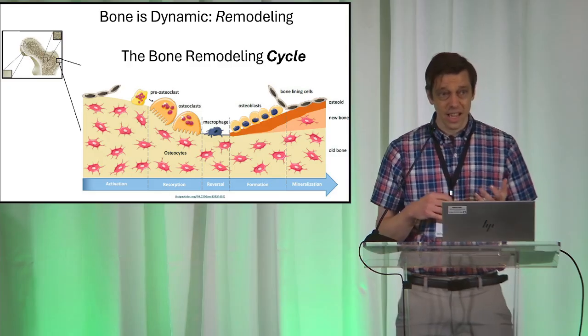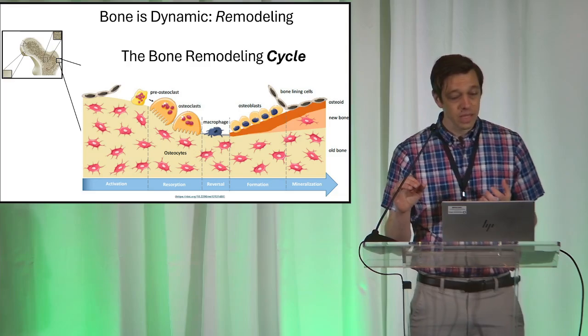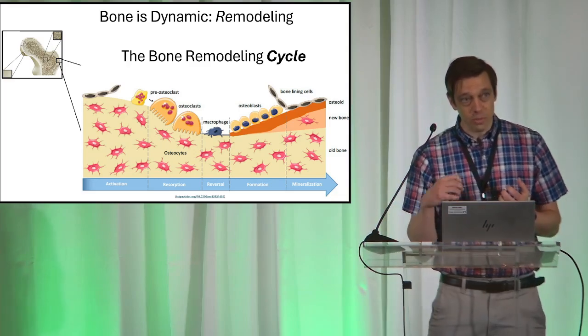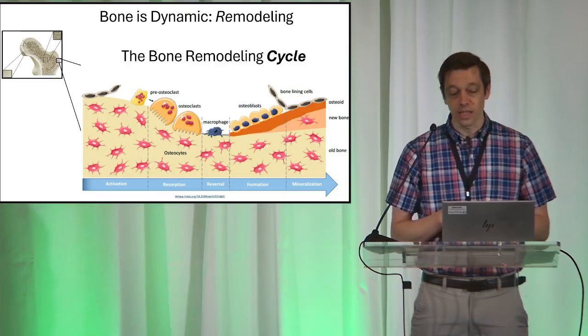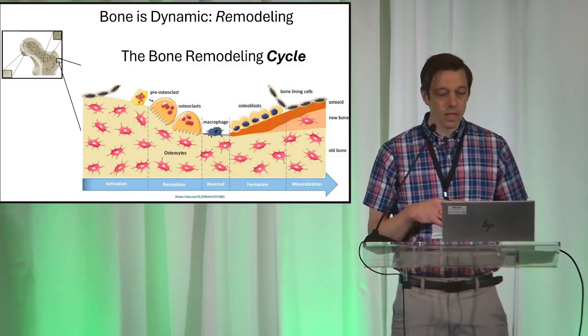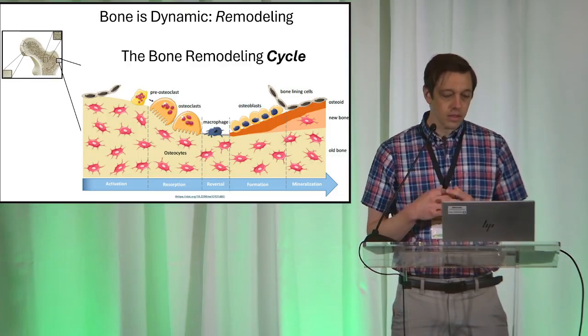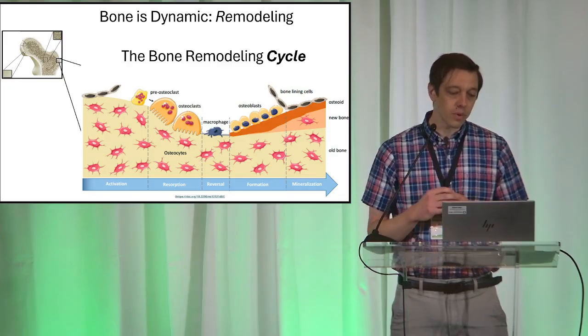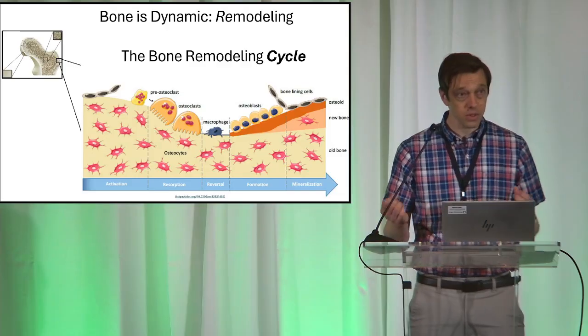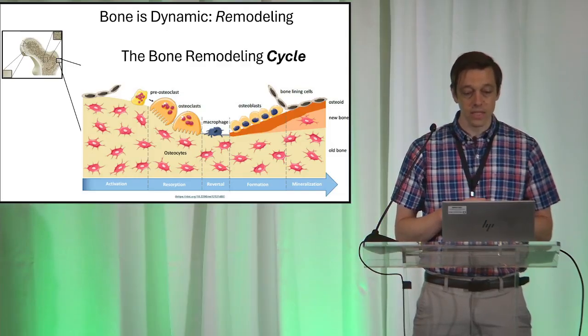And as I said, they come through and they're resorbing bone, scrubbing bone, breaking down the bone, working their way through the connective tissue, releasing the calcium, releasing the phosphorus.